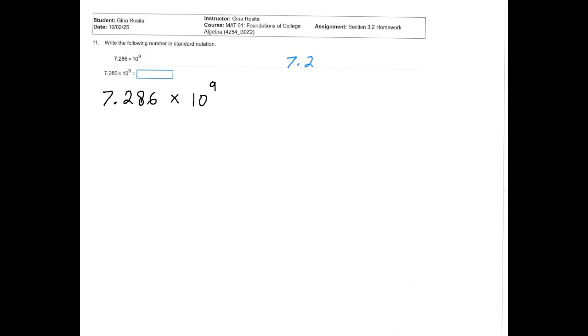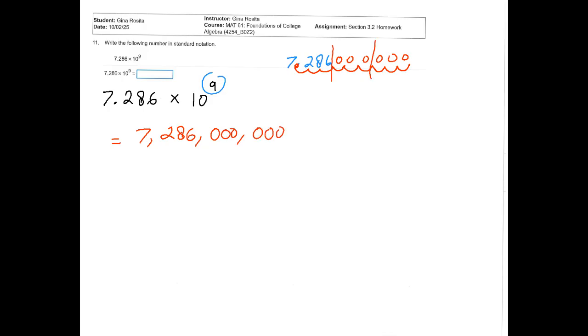Because this is 9, it means from the decimal point, you move to the right by 9. So 1, 2, 3, 4, 5, 6, 7, 8, 9. Okay, so you just fill out 1, 2, 3, 4, 5, 6 zeros. We have 6, yeah? So now the answer for this one becomes, okay, so now we put this one like this. Okay, this is the answer for number 11.